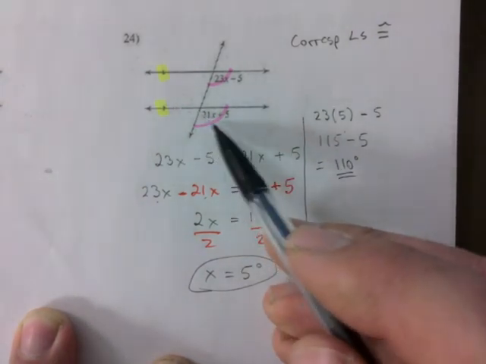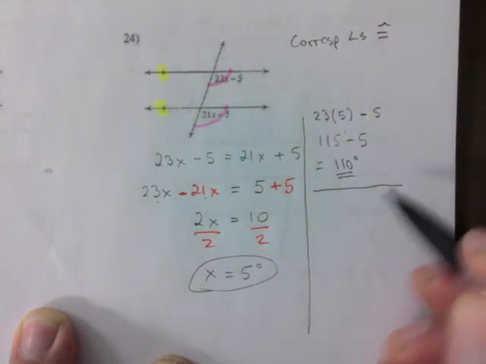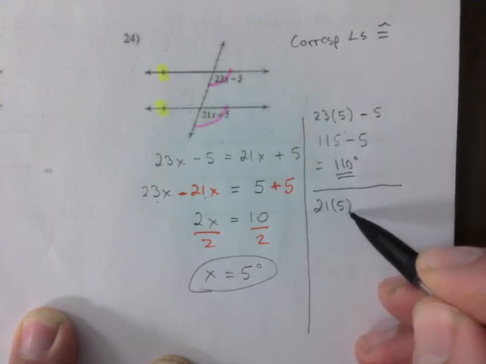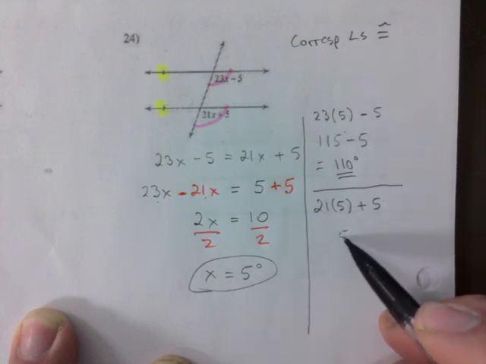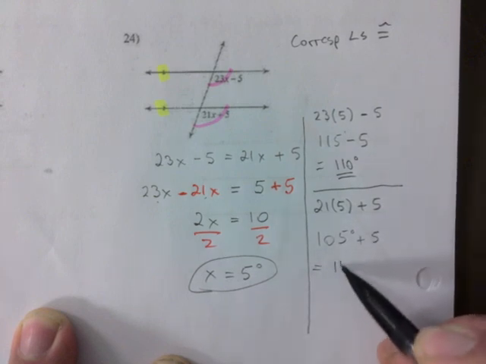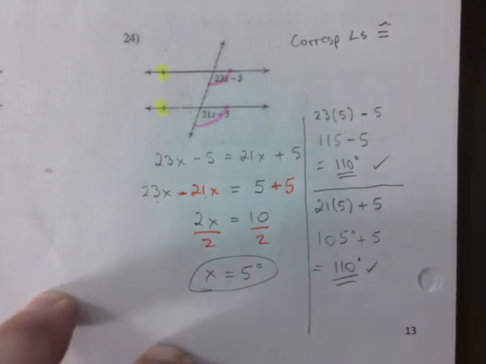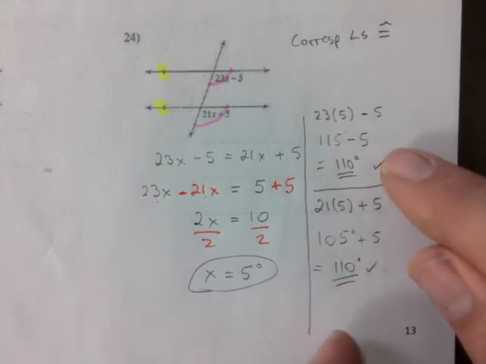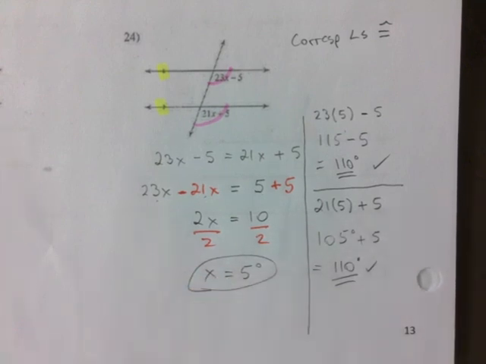And this one we know is going to be 110 as well, correct? But let's check if we're supposed to figure that out. Once we find x, you just substitute that in. That'll be 21 times 5, which is 105, plus 5, that is 110, which we knew. So if they ever ask you to state the value of those angles, then you need to take that one extra step. But if it's just asking to solve for x, then you stop there.